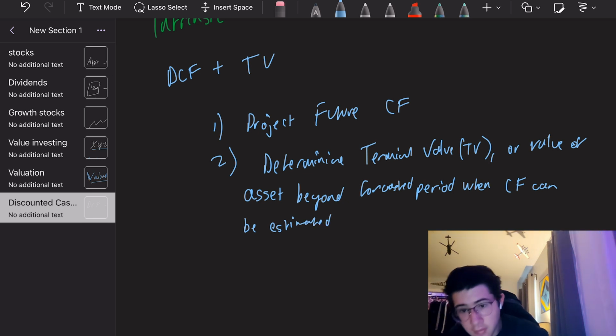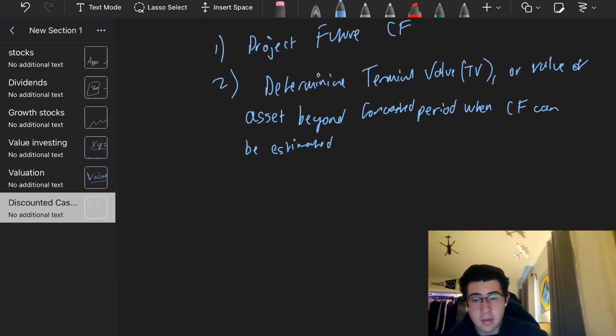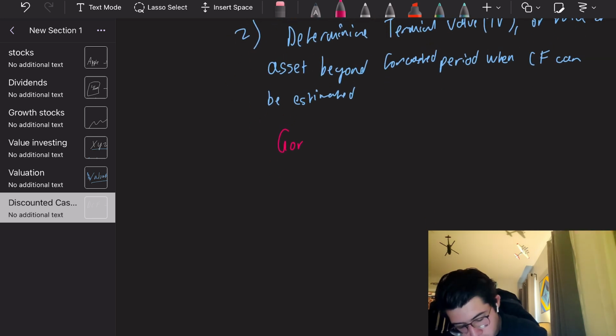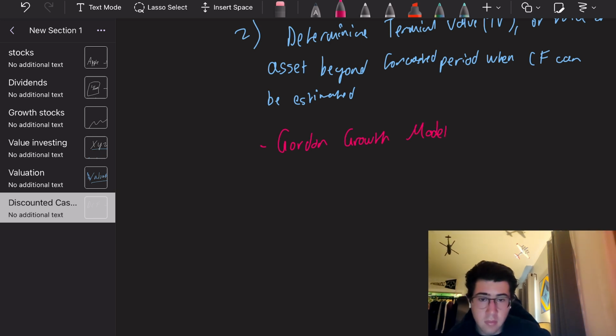Now, what's the formula for terminal value? It's very easy. You could use the Gordon growth model, which is this: terminal value equals free cash flow times 1 plus the growth rate, divided by discount rate minus the growth rate.